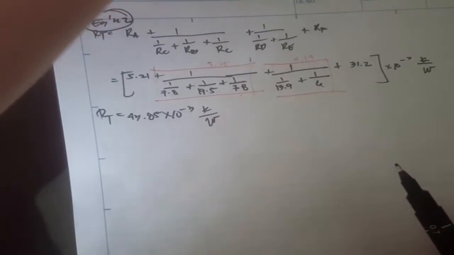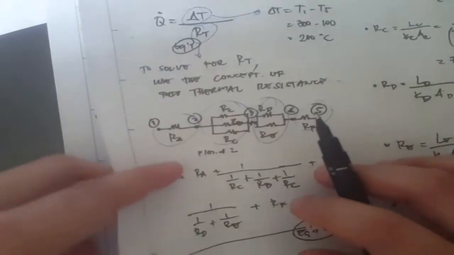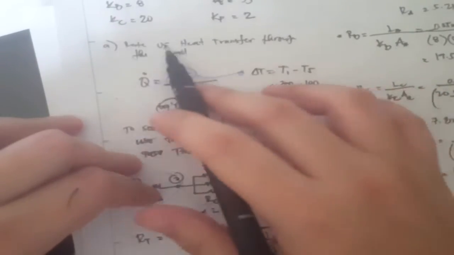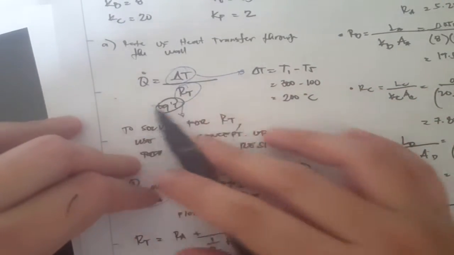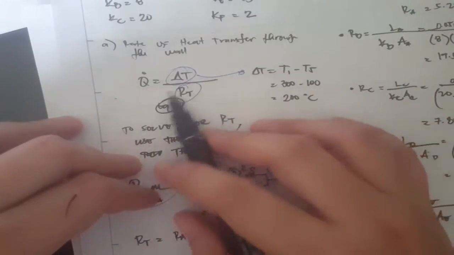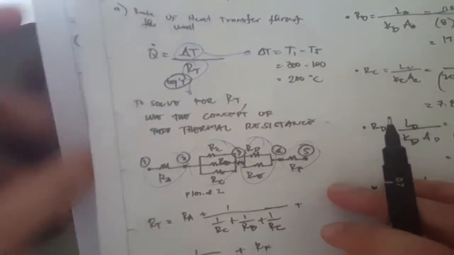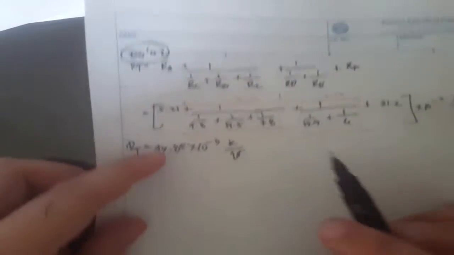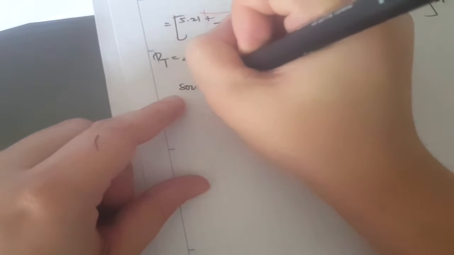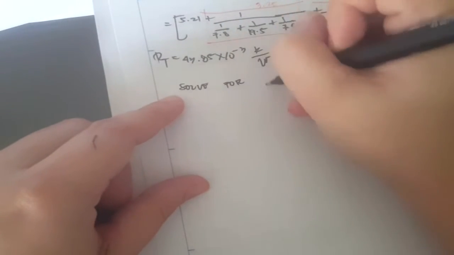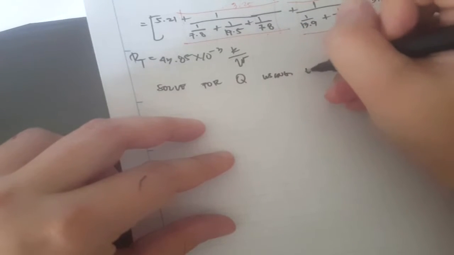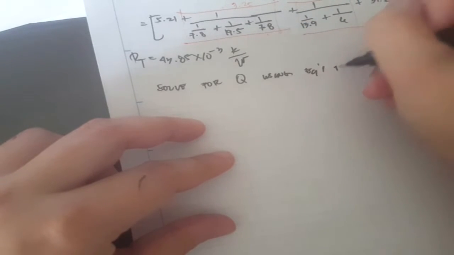Now, going back to our equation 1, wherein we need to determine the rate of heat transfer through the wall. We have our delta T, and our RT is equal to this part. We can now solve for Q using equation 1.